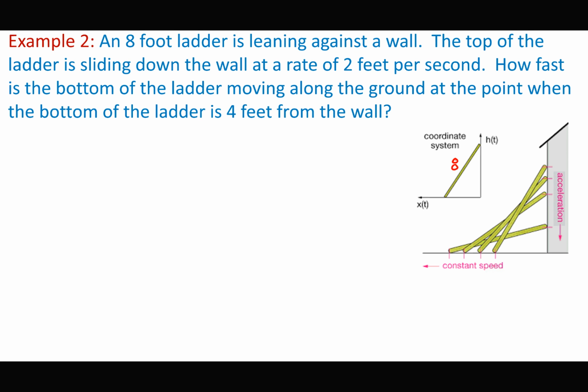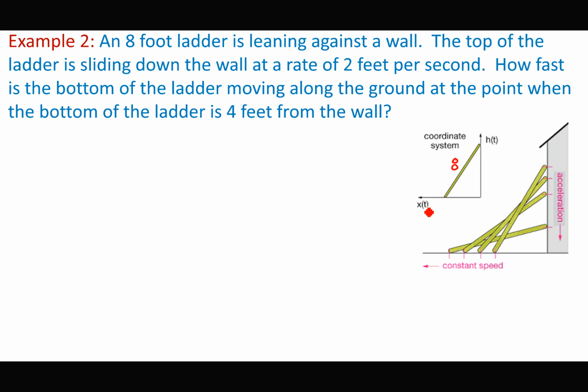The top of the ladder is sliding down the wall at a rate of 2 feet per second. Okay. And so if I think of over here, it's sliding down the wall at a rate of 2 feet per second. So I'm going to think of x and y's because I'm on a coordinate. I mean, this is x and h.